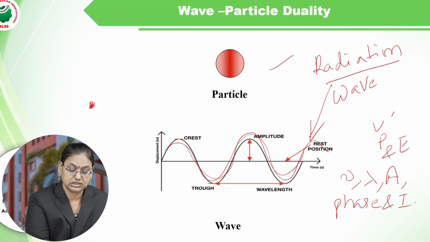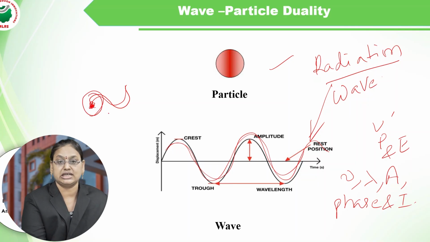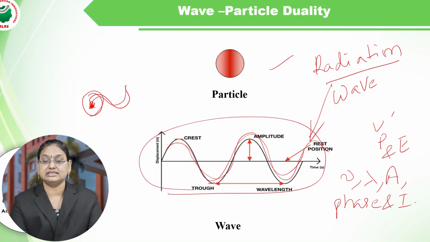Since two particles cannot occupy the same position at the same time, therefore in these experiments, radiation behaves as wave. That is, in interference and diffraction experiments, radiation is behaving like a wave.